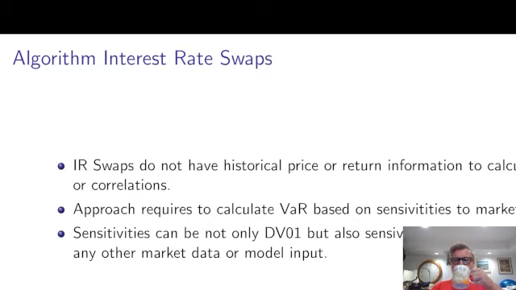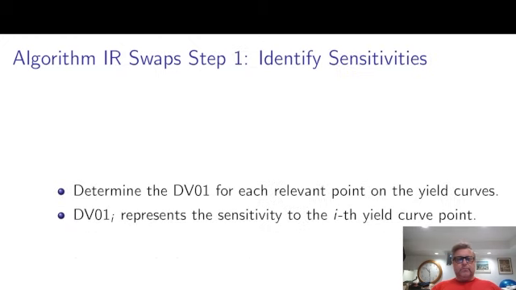So usually we calculate VaR based on the sensitivity of market data inputs. Here we could do a DV01, but we also have sensitivities to spreads, volatilities, or any other market data input. So we'll go into more detail here.